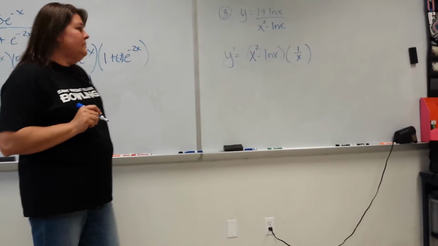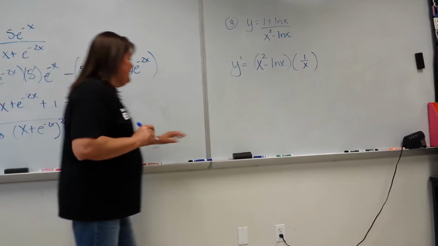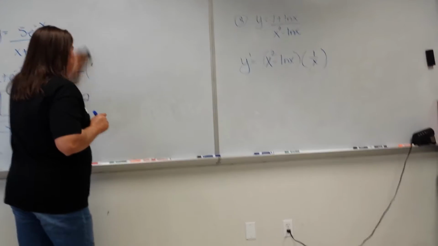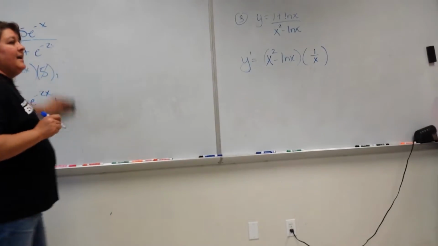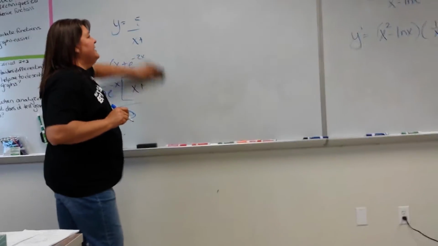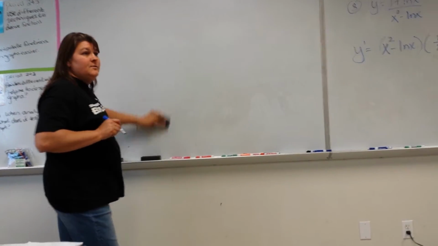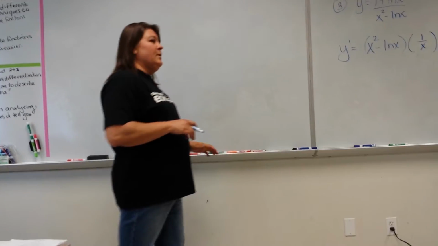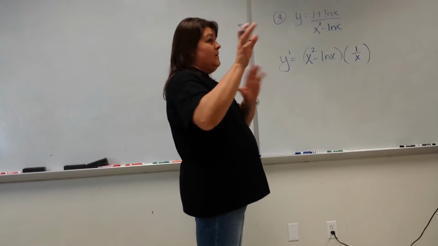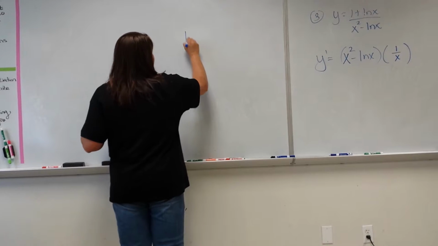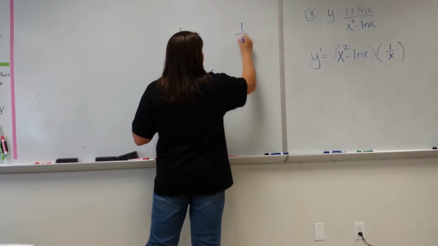Let's review that for a moment. ln of x is just a generic, no different than e to the x was a generic. Remember, I said e to the x, derivative is e to the x, and then e to the 2x would be 2e to the 2x. And e to the x squared plus 1 is 2x e to the x squared plus 1. Same concept. You have the ln of x, its derivative is 1 over x.